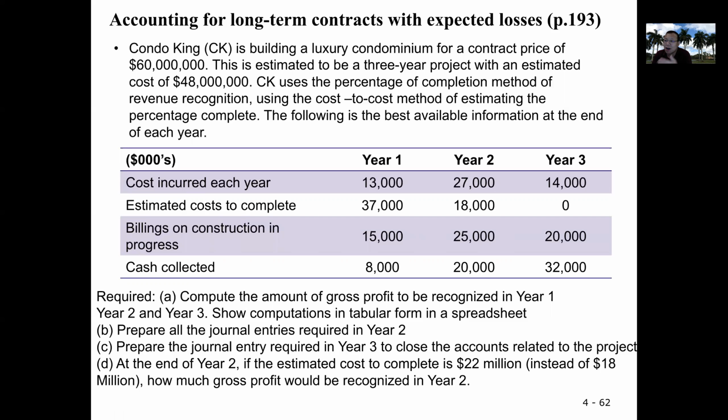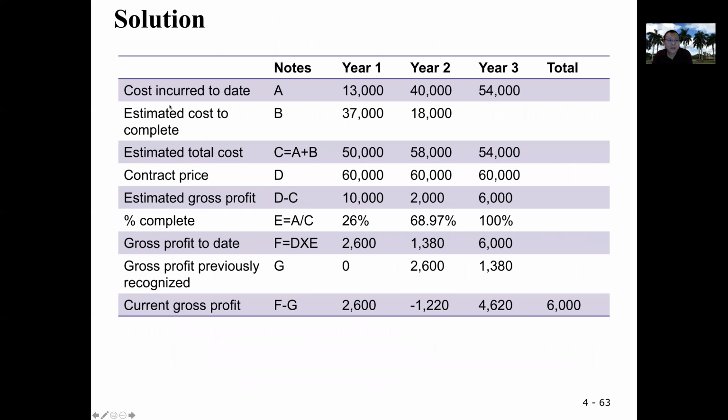What's the total amount of cost incurred by the end of year 2? Well, you have to include the first year's cost. So 13,000 plus 27,000, which is 40,000. So the actual cost incurred to the end of year 2, by accumulation, is 40,000.